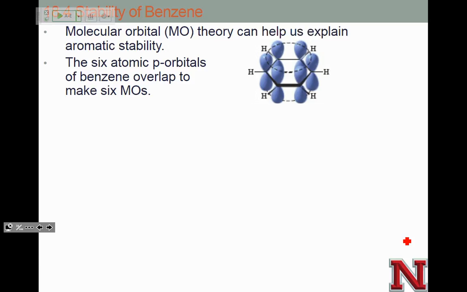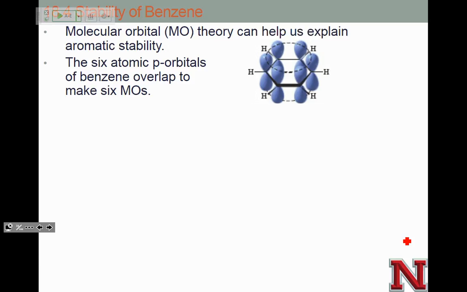Because that really affected our energy. The more bad interactions we had, meaning the more nodes, the higher the energy. But if we have multiple orbital drawings that have the same amount of good and bad interactions, then they have the same energy level. And that's a big difference, and that stems from the fact that our 6 unhybridized p orbitals are in a closed loop.